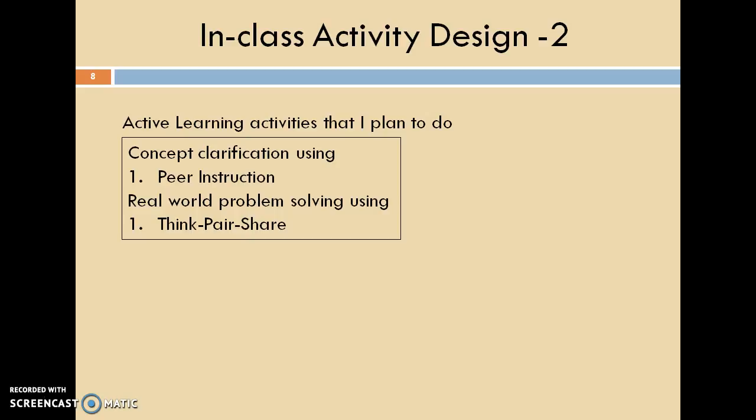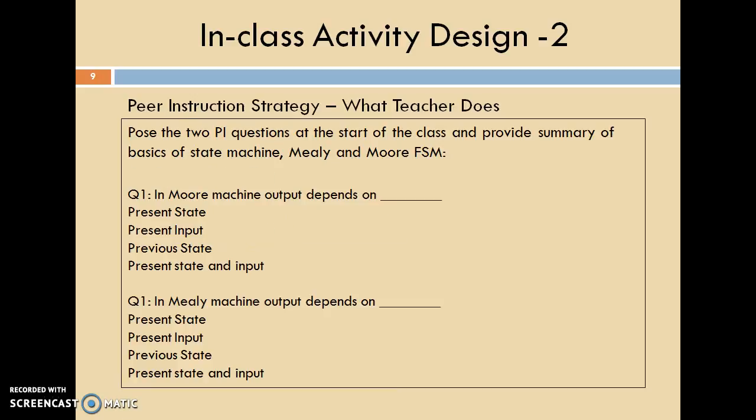In-class activity normally consists of higher level cognitive levels like analyze to apply. What I am using here is peer instruction for concept clarification and think pair share for real world problem solving. Peer instruction strategy consists of questions like the one given below.